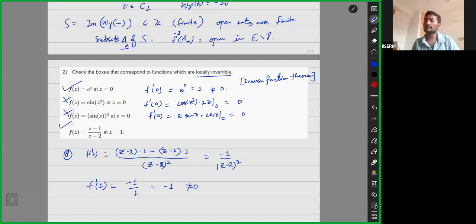It is in fact biholomorphic. But if f prime is 0 at some point, this is not one-one.